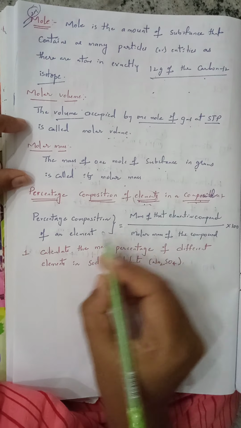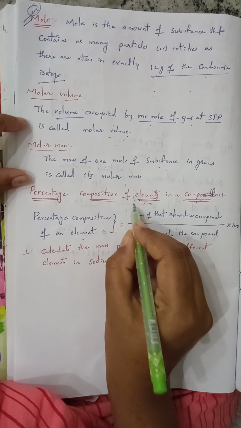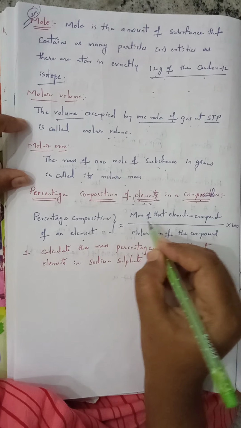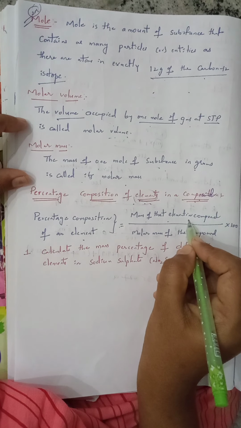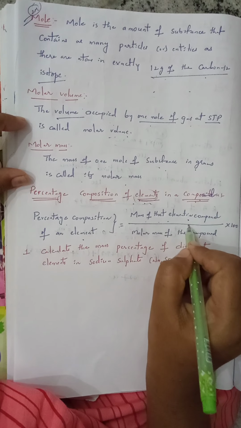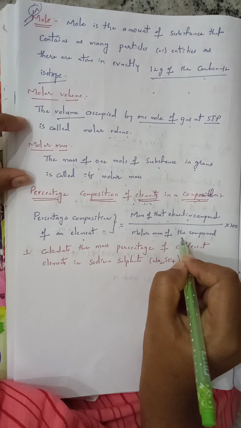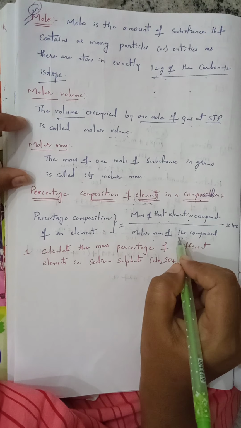Then we can use a formula: percentage composition of an element present in a compound is always equal to the mass of that element in the compound divided by the molecular mass of the compound. We know how to calculate the molar mass of a compound.